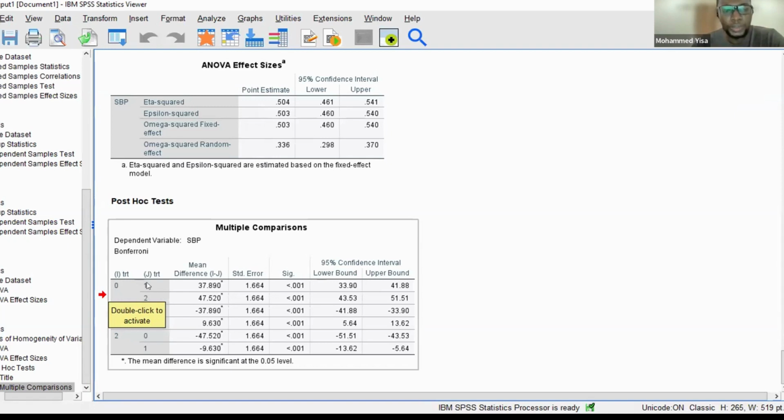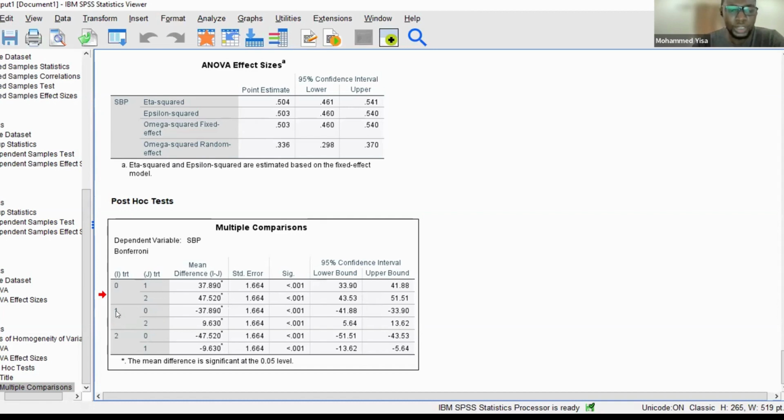Comparing placebo to old drug, we can see that there is a statistically significant difference between the placebo and old drug. When we come here, we're also looking at placebo versus new drug. Coming down to the significance column, you can see that the difference is statistically significant.